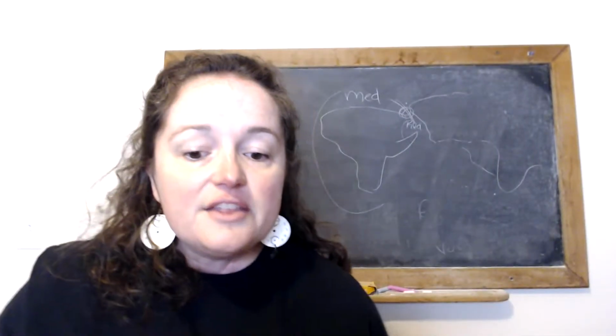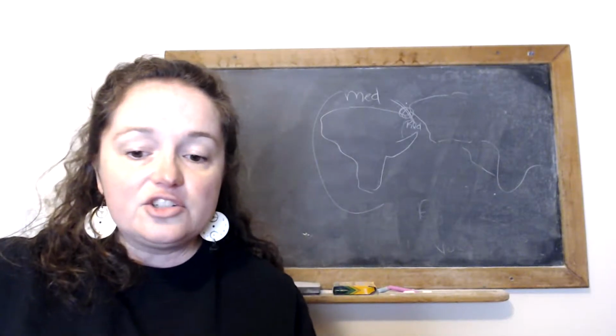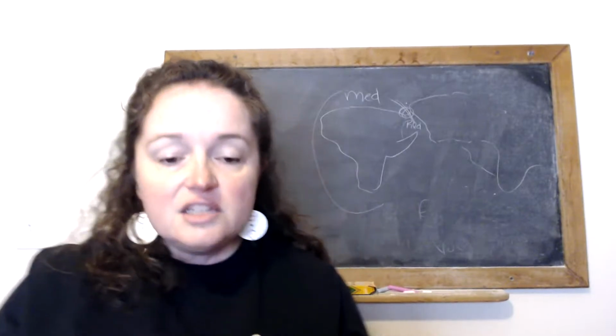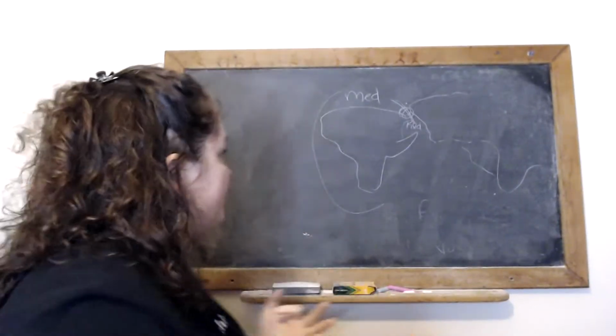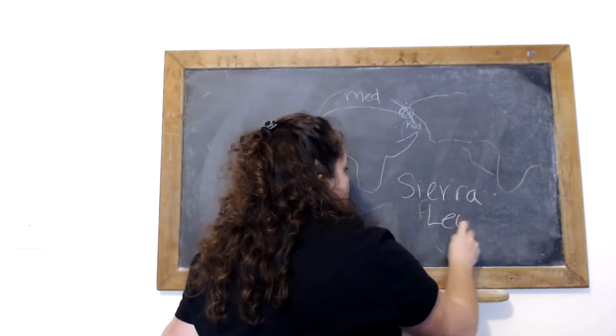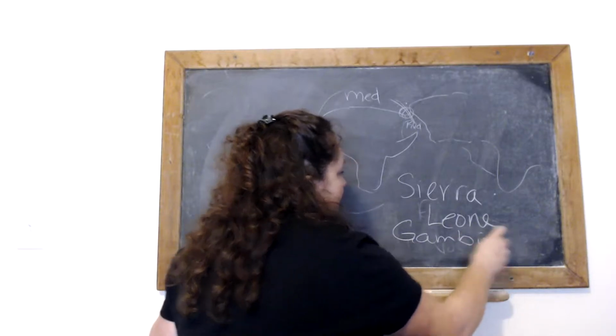All right. Then they're also going to spread Western education, the English language, and Christianity to their colonies. Specifically in Sierra Leone and Gambia. This is how you spell Sierra Leone. And Gambia.